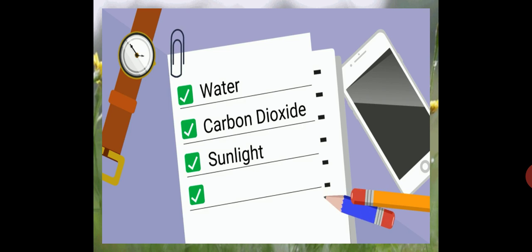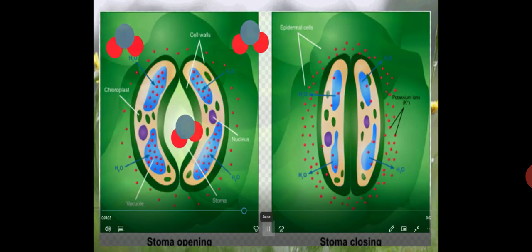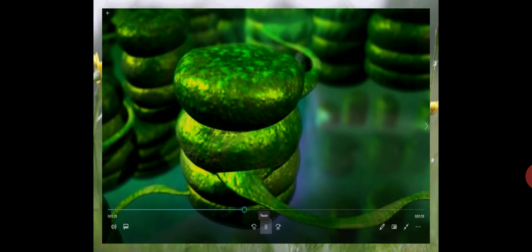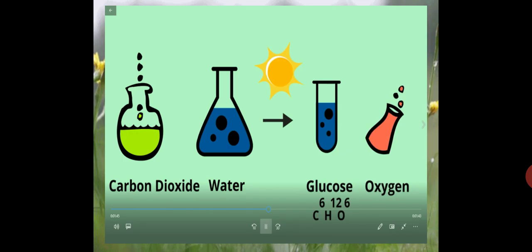Carbon dioxide in the atmosphere enter these tiny openings and travel to the chloroplasts. Photosynthesis occur at these chloroplasts, which are small organelles that plants have. The plants take the carbon dioxide plus water and energy from the sun, and in a chemical reaction create sugar in the form of glucose, and then some oxygen that it releases into the atmosphere.